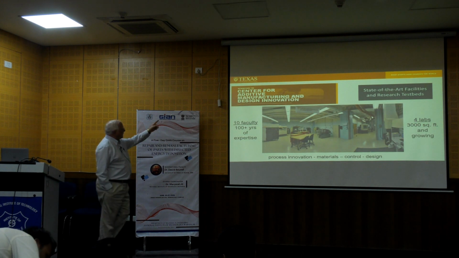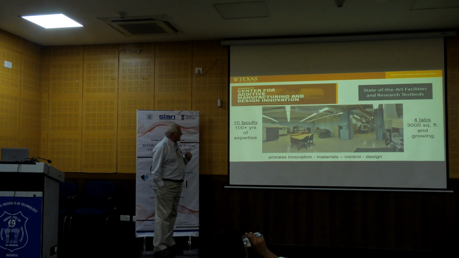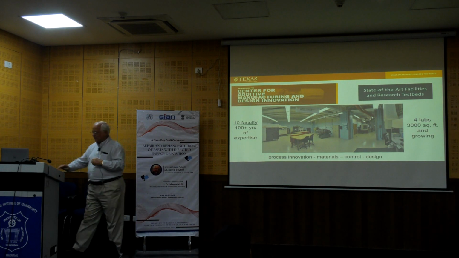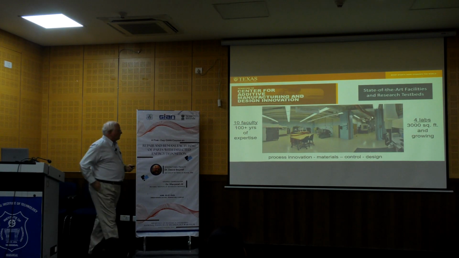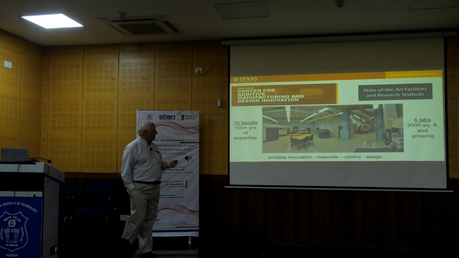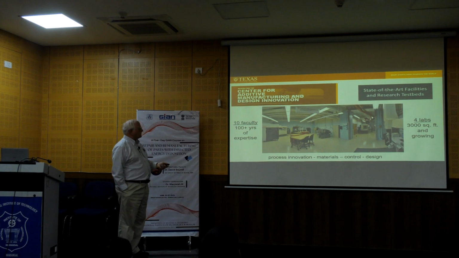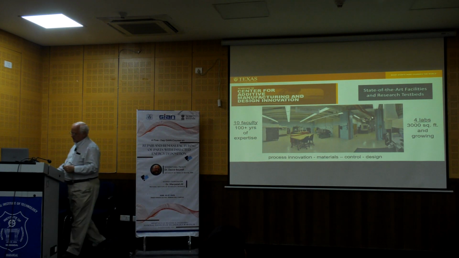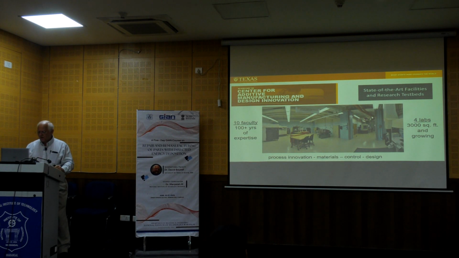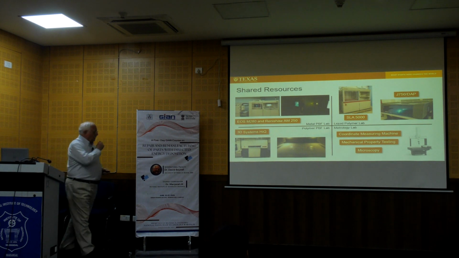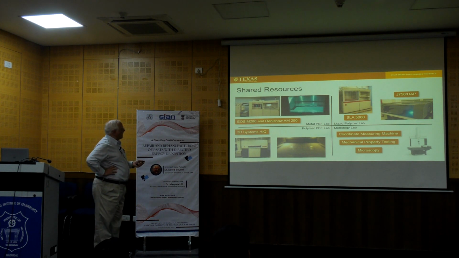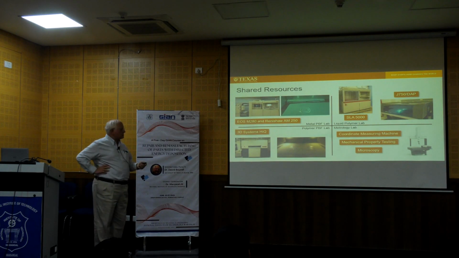So we have the Center for Additive Manufacturing and Design Innovation. There are 10 faculty involved with this center, and 2 staff supporting it. It's about 3,000 square feet of space with 4 labs, and the capabilities are largely commercial machines. We also have a good deal of shared resources at the university.